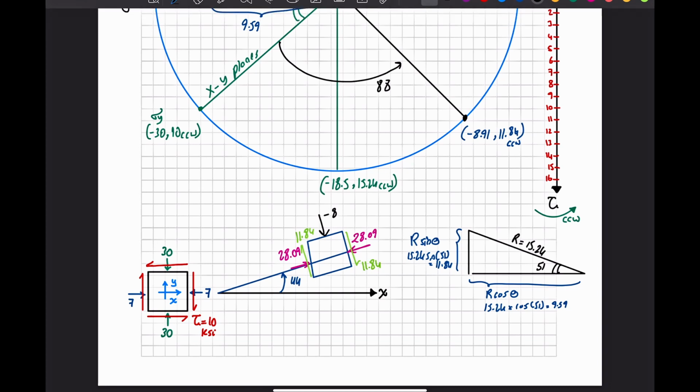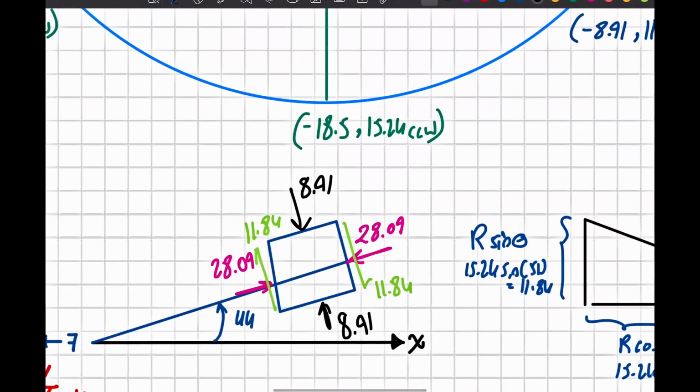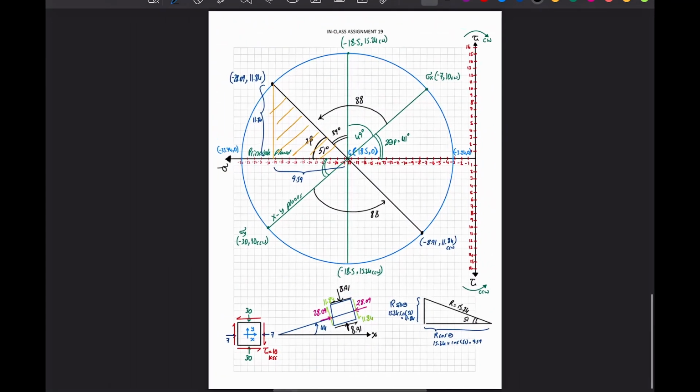Since we put it in compression, you don't need to put the signs. So 8.91, 8.91. Let's do the shear. The shear went from 10 counterclockwise to 11.84 counterclockwise. To be honest, if you know the shear already from one side, from the x, you can just continue it from the other side, but just for a sanity check, okay?